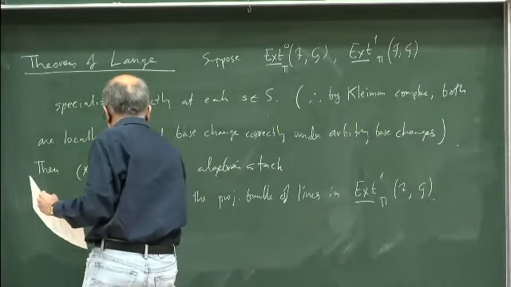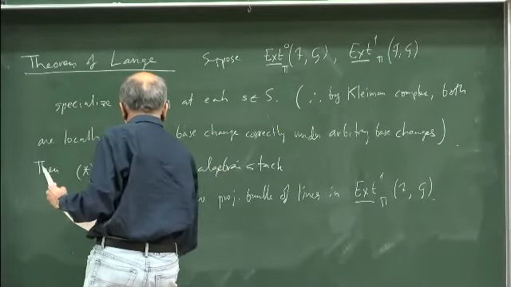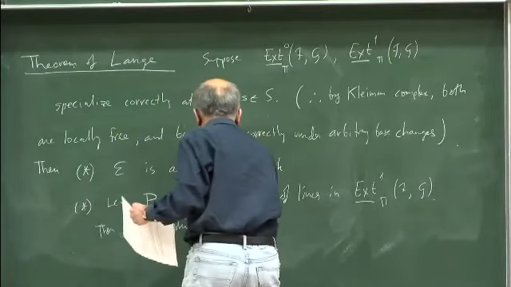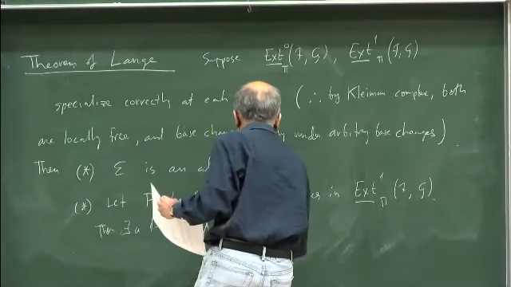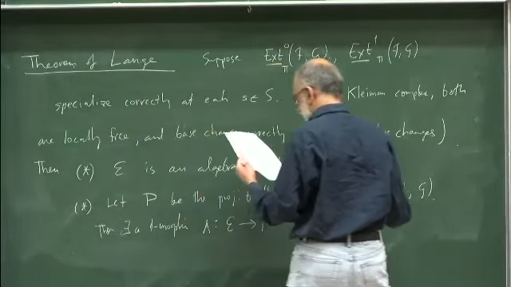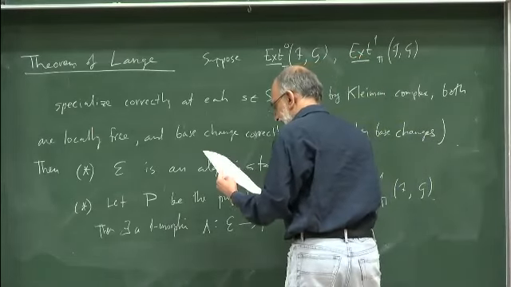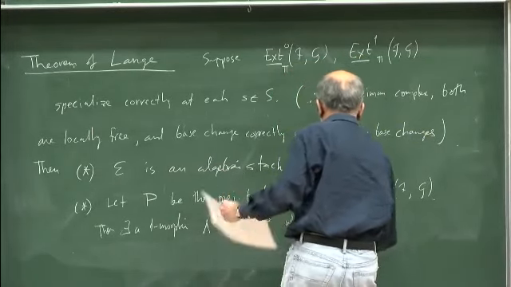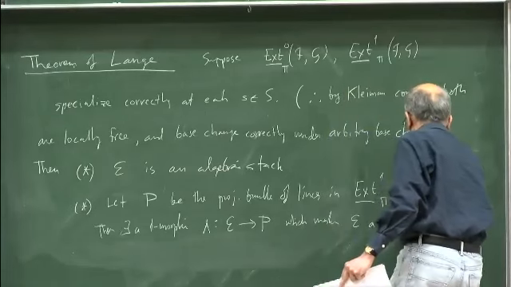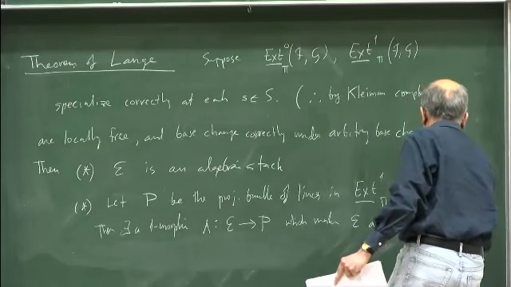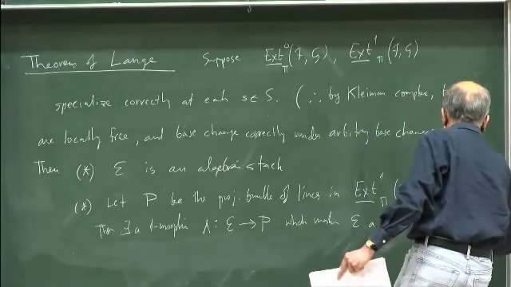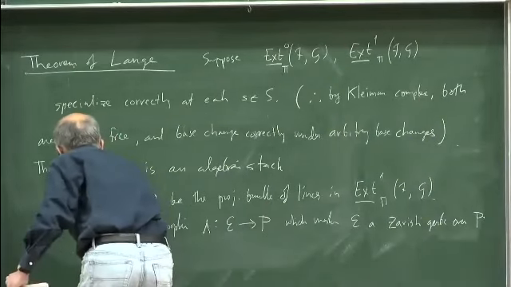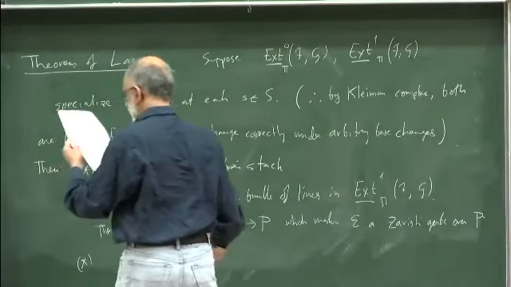Then there exists a morphism of stacks A from E to P which makes E a Zariski gerbe over P. Next, there are 4 properties which it has.